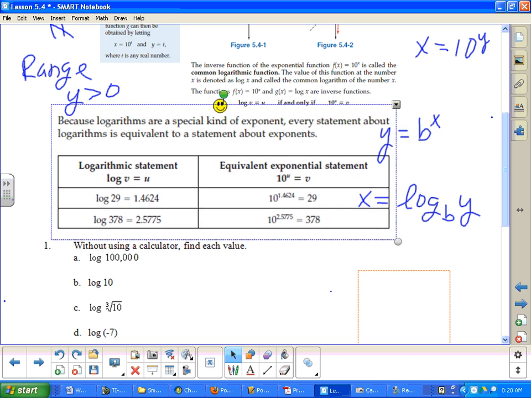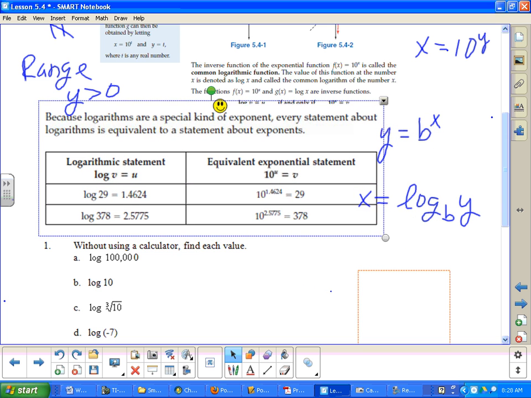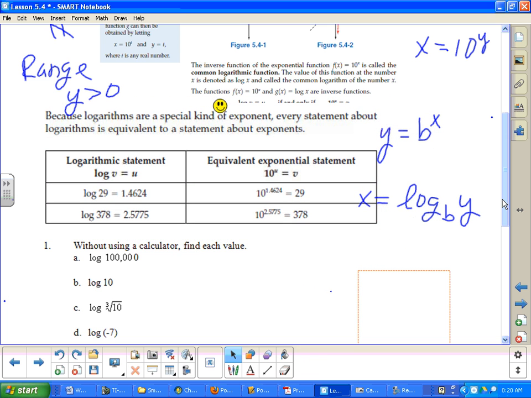Okay, so we looked at similar things to this when we were in Algebra C. So the log of 29 is equal to 1.4624 because 10 raised to the power of 1.4624 is approximately 29. Log of 378 equals 2.5775 because 10 raised to the power of 2.5775 equals 378.